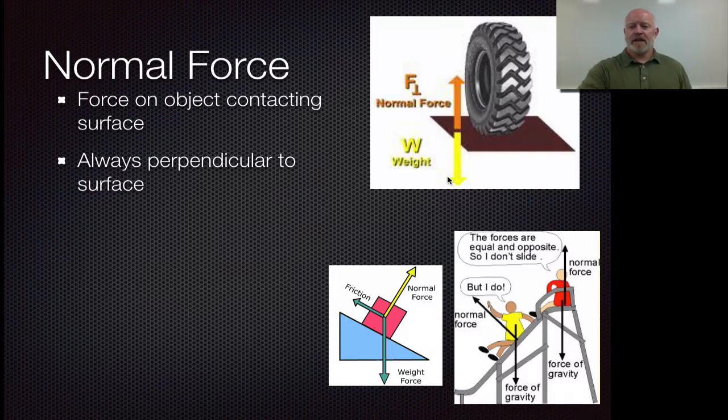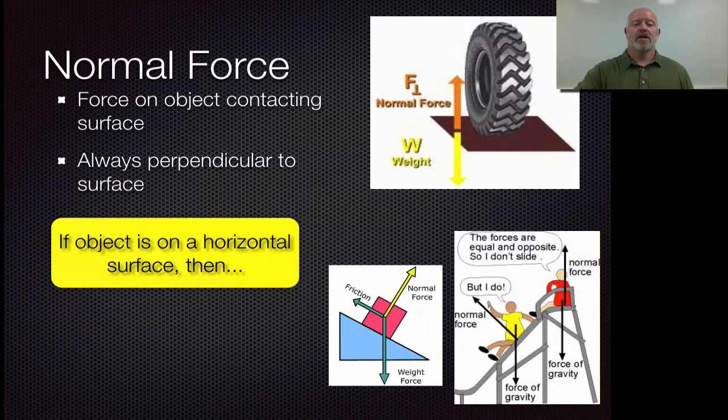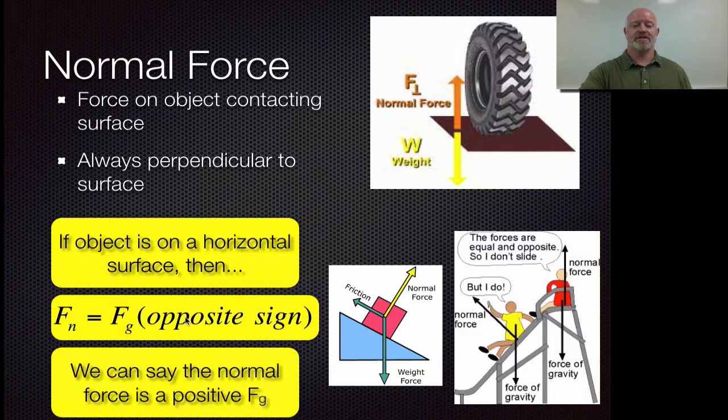Anytime we have an object that's sitting on any surface, it generates normal force. It's always perpendicular to the surface, which means it's not always opposite of gravity. If we have a horizontal surface, yes.